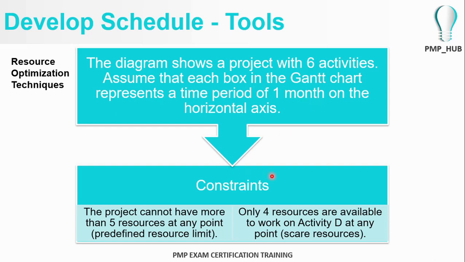The constraints for the project: the project cannot have more than 5 resources at any given point, and only 4 resources are available to do activity D. So there are some scarce resources in activity D.